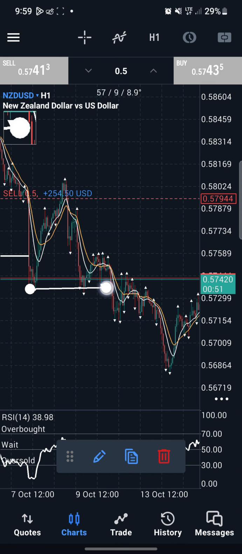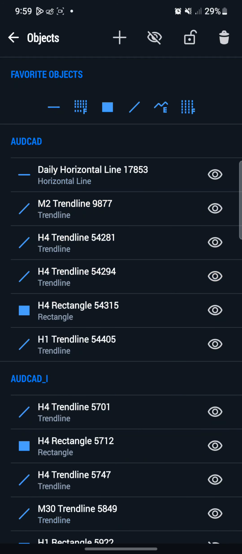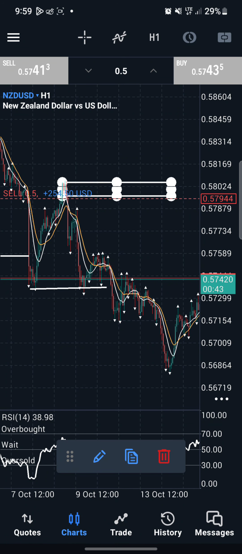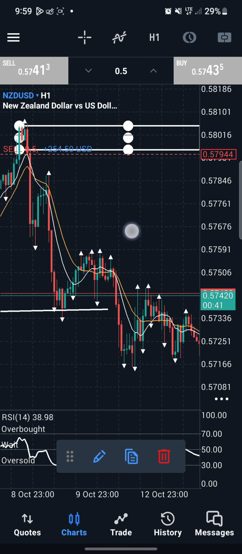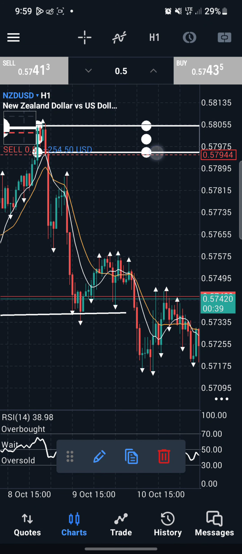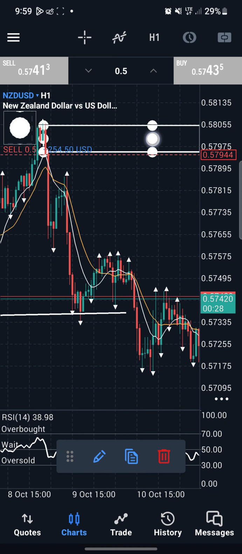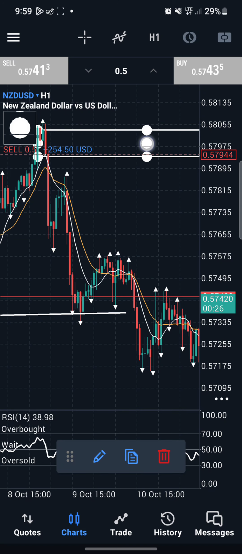So I have to map it out. The first candlestick. Choose this. This is the first candlestick here.